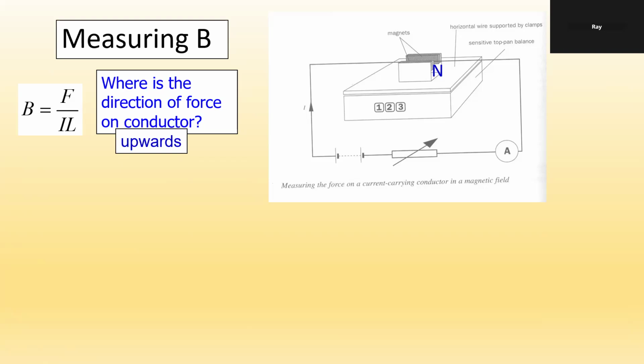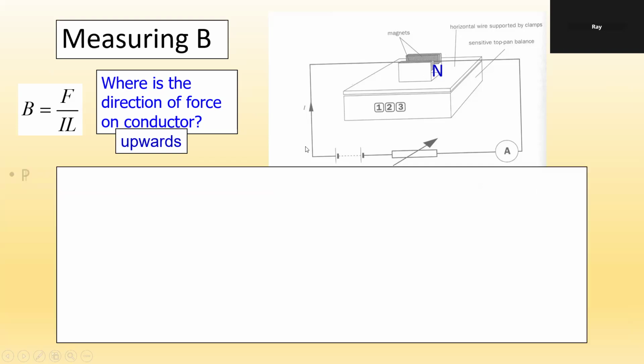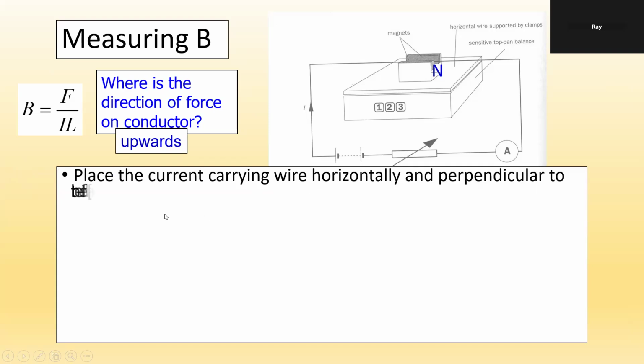The force is upwards. The field is going in, so the force is upwards. Place a current carrying wire horizontally and perpendicular to the field. Adjust until the force is maximum, until you see a large value here.